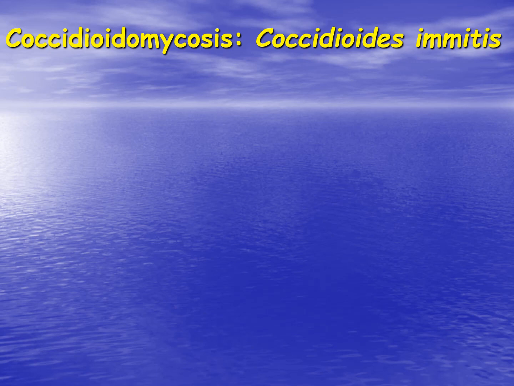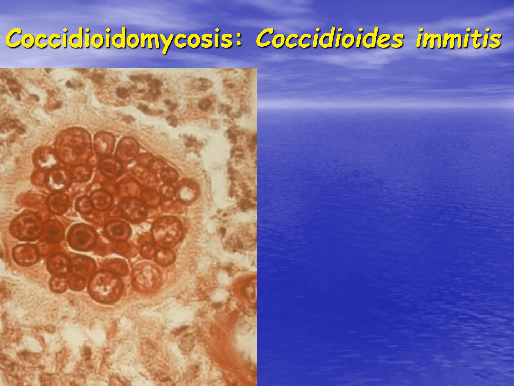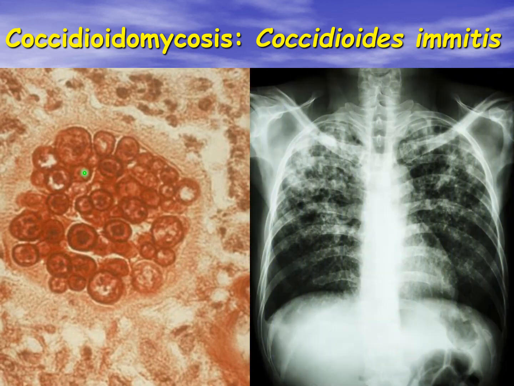Coccidiomycosis is caused by the organism Coccidioides immitis, and these are the actual yeasts of this organism in lung tissue, will be inhaled from soil. This can result in a severe pneumonia-like disease within the lungs.